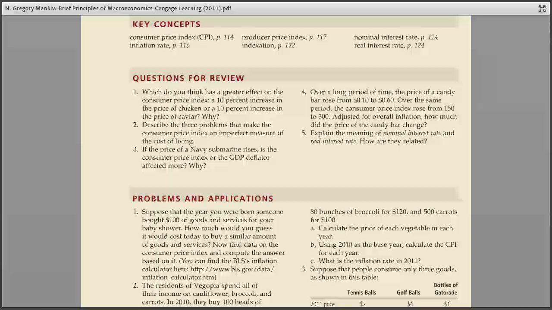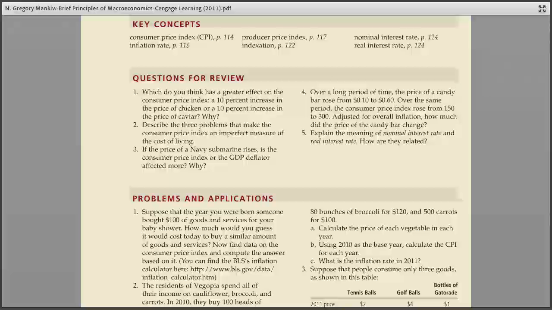Describe the three problems making the consumer price index an imperfect measure of cost of living. First one is substitution bias, that people buy products which are out of the basket. Second one, introduction of new products. When new products are introduced, the government does not include them in the basket.